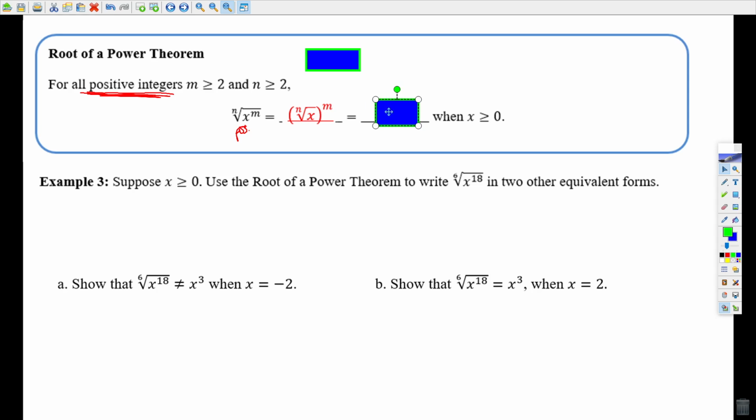And then you could also write this as m over n. And you don't have to go in this order, of course. You could just go from this one to this one, or you could go backwards to that, or you could use what's in between. It doesn't really matter. These are all the same thing, just written 3 different ways. And lastly, don't forget, this only works if you have positive numbers, which we're going to show as an example in a second.